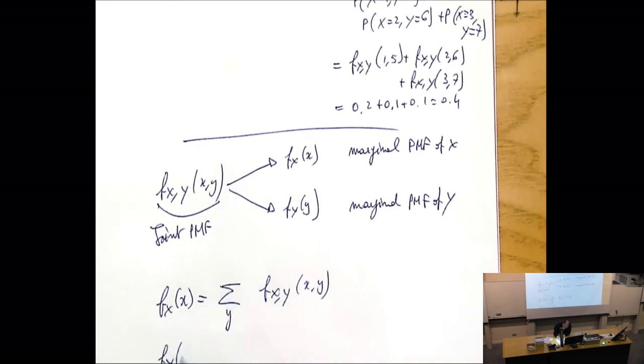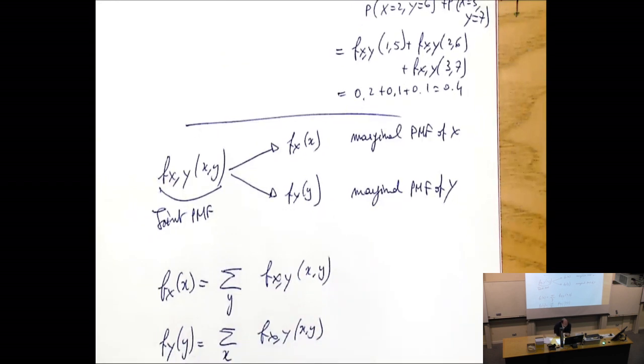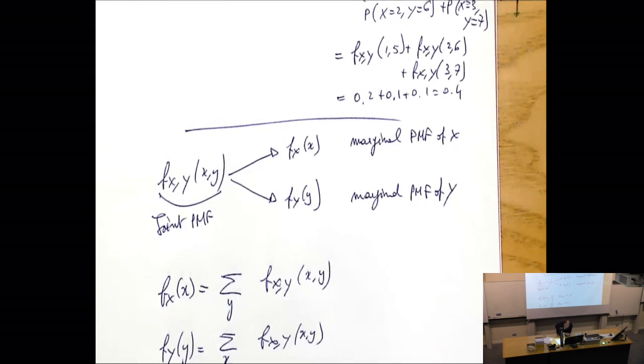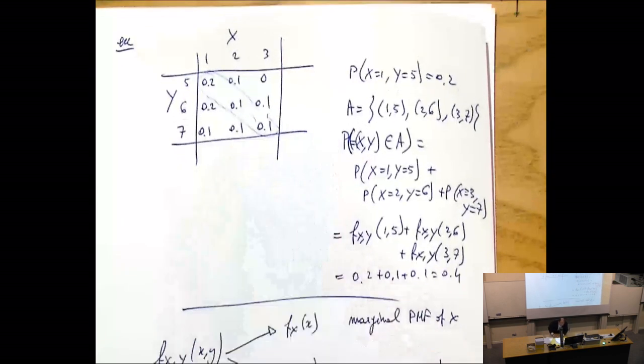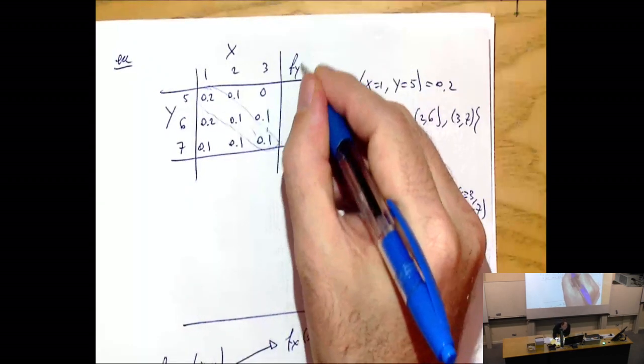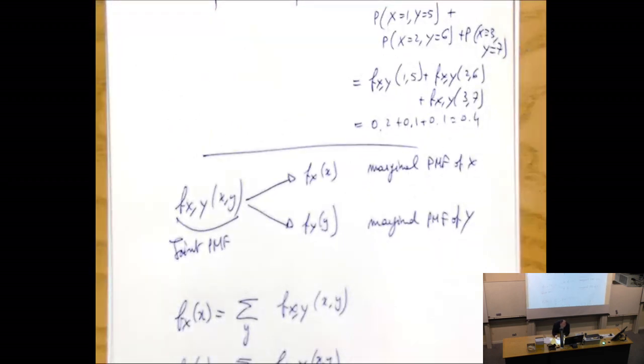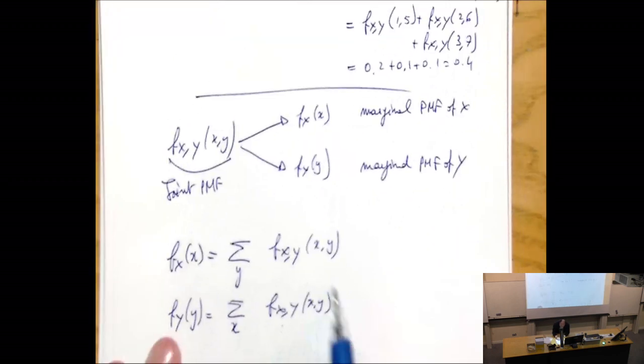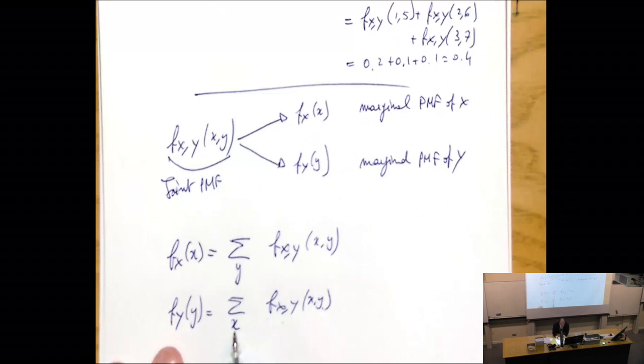The marginal of y is the sum of this joint probability mass function, but over the other random variable, which is x here. So in the example we had earlier, what does that mean? If I'm looking at the marginal of y, I'm looking at the joint probability mass function and I'm summing over all realizations of x.